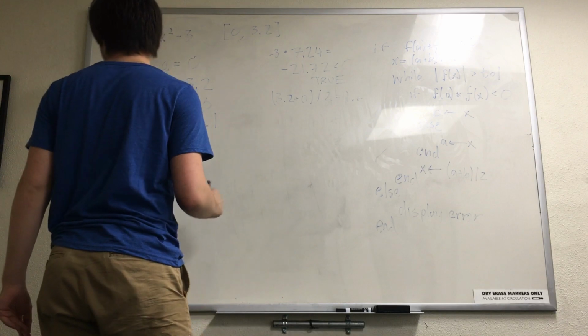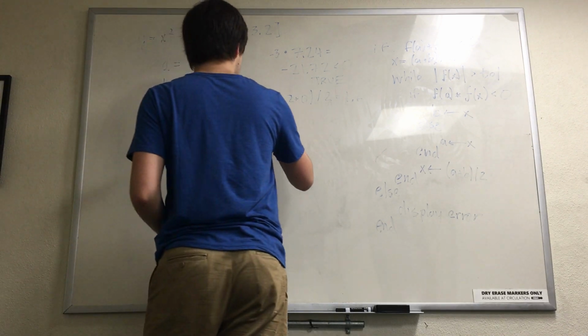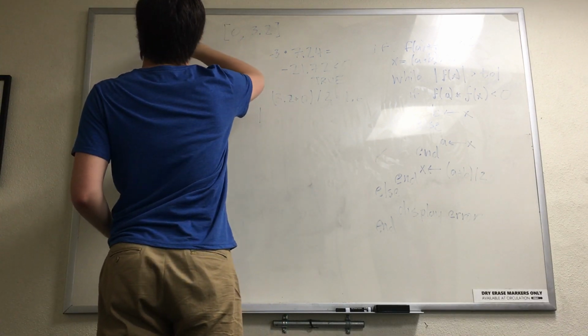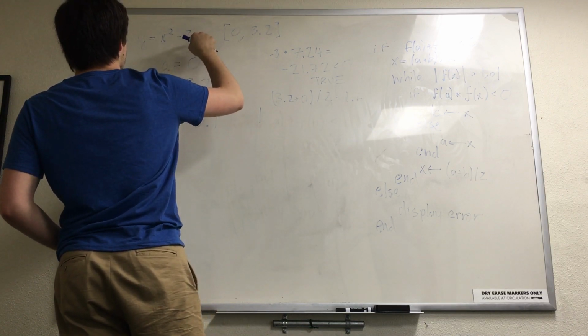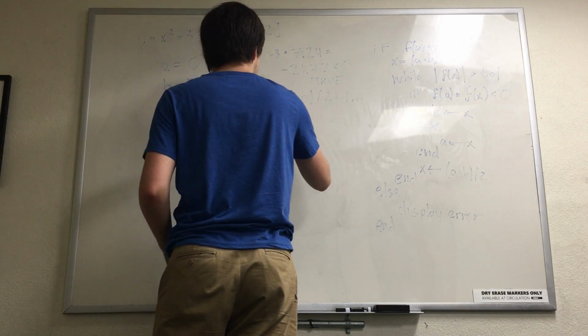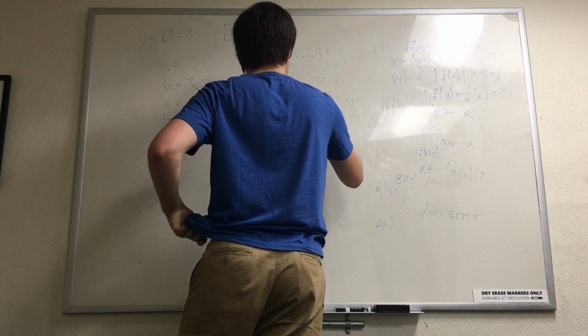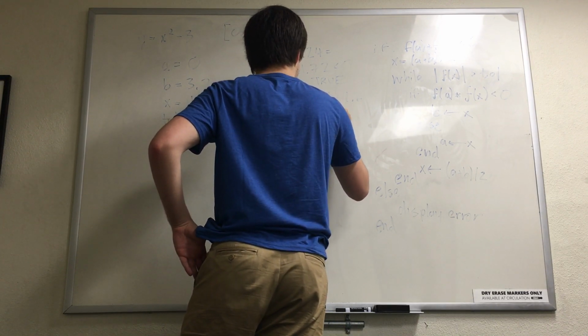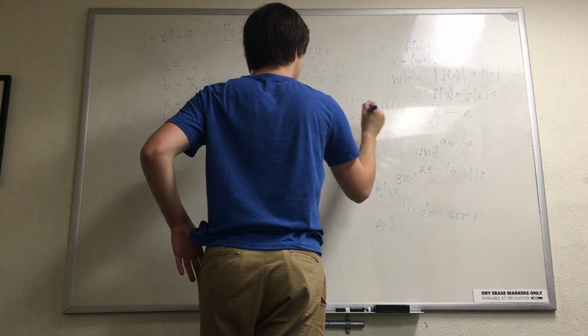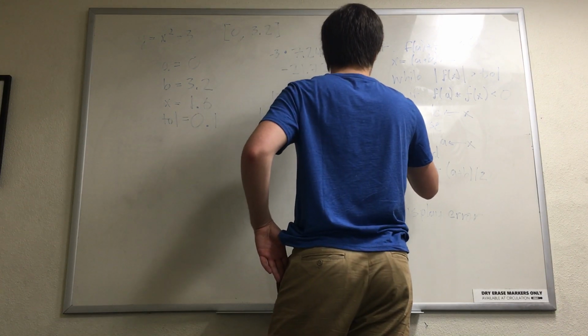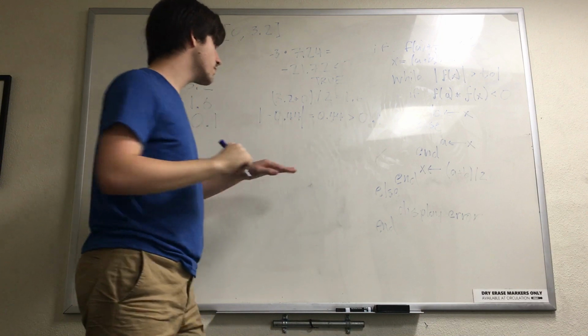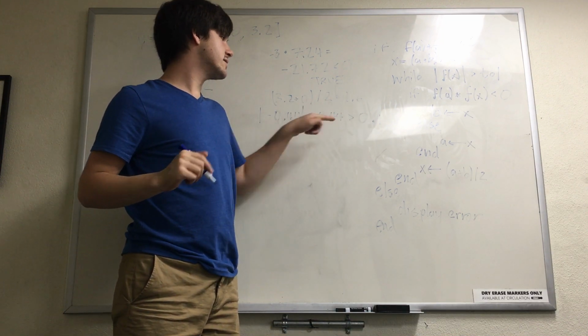So we need to find the absolute value of f of x, which is the absolute value of 1.6 squared minus 3. So it's the absolute value of negative 0.44, which is equal to 0.44, which is greater than 0.1, which is our tolerance. So we end up having this be false.